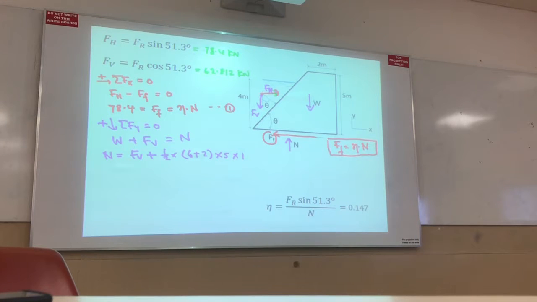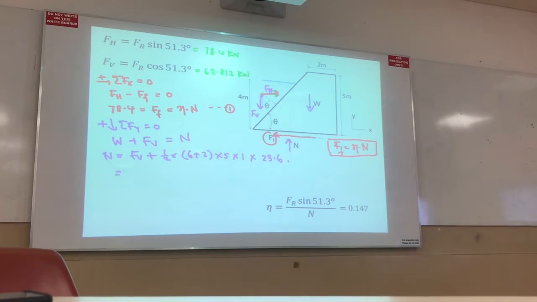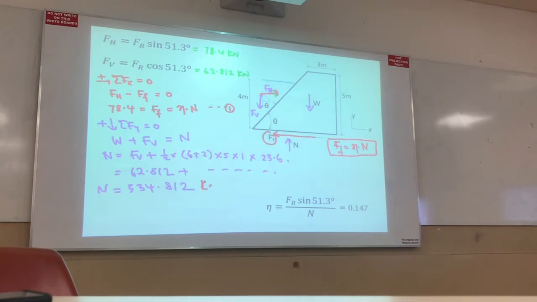Good. What is the FV? Oh, this one times gamma, right? 23.6. What is the FV? Is 62.812 plus all the numbers, and finally I get N becomes 534.812. So from equation, this is the kilonewton.